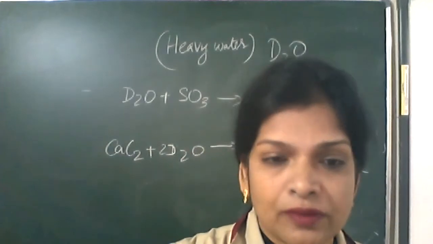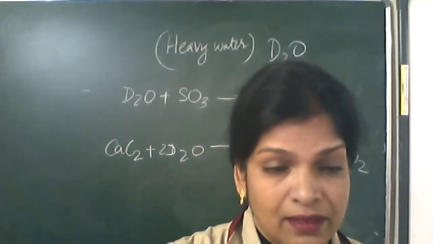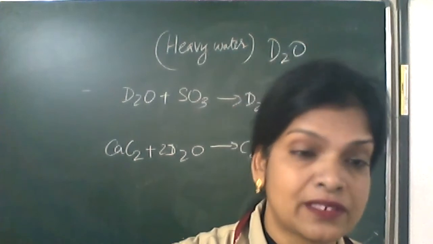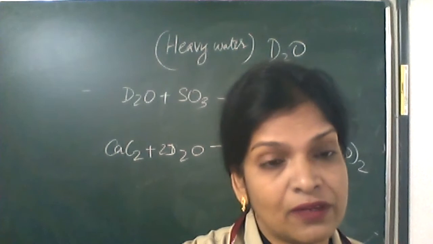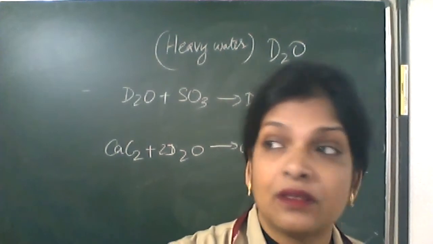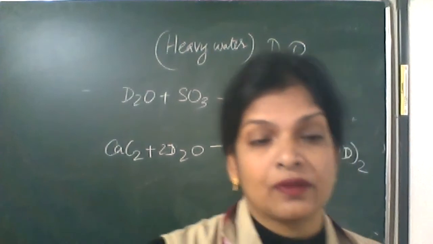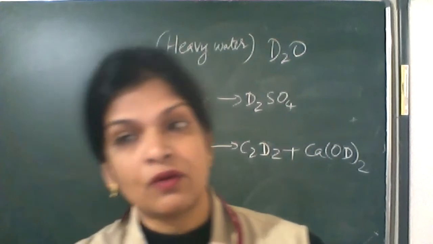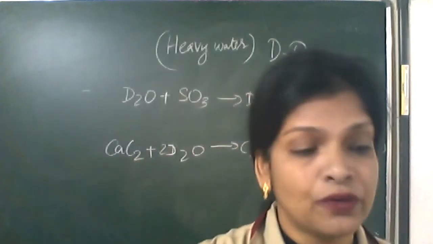If you are using H2 as a fuel, then we call it a fuel cell. A galvanic cell designed to produce energy from fuels like hydrogen, methane, methanol is called a fuel cell.